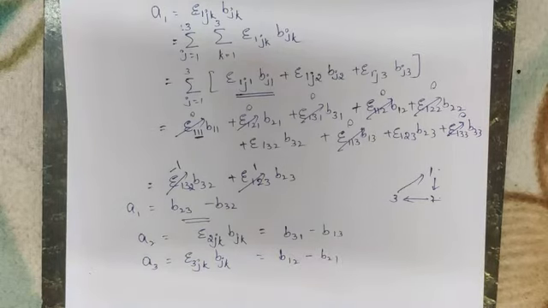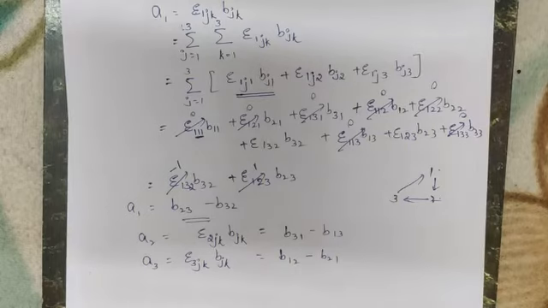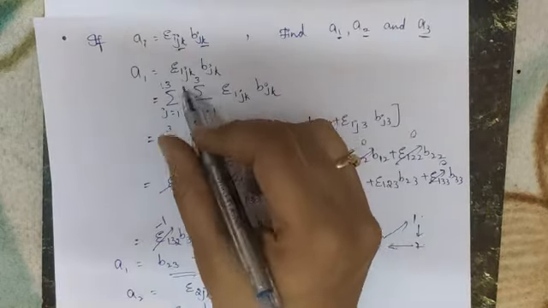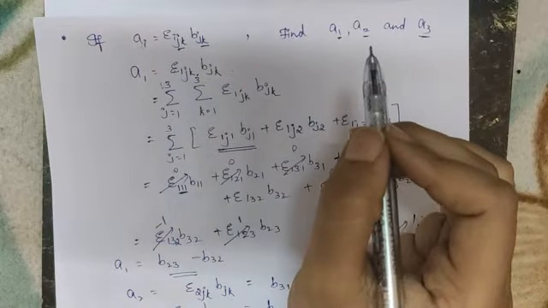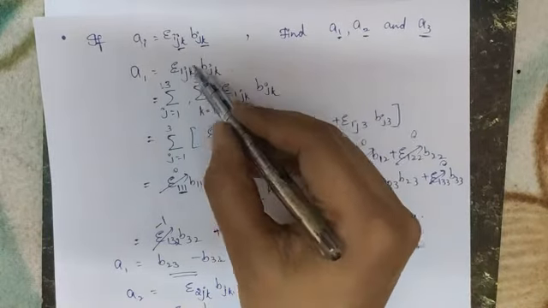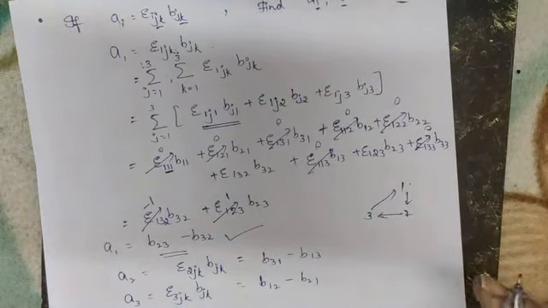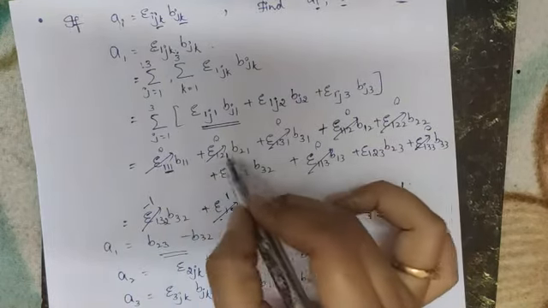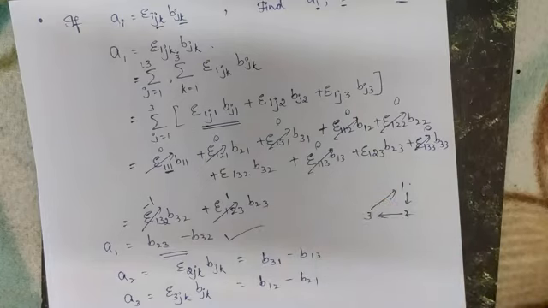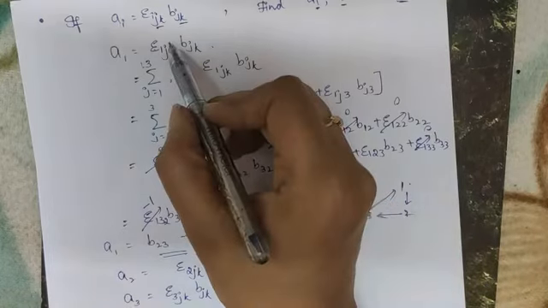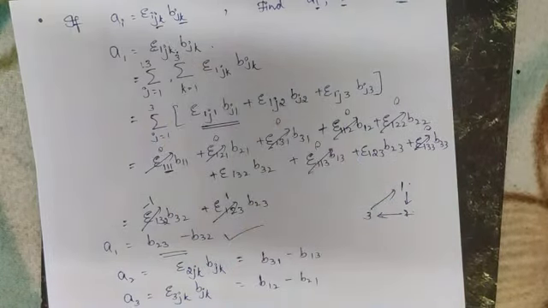So you should be very careful while considering the dummy suffixes, because we will take the summation over your dummy suffixes. If you neglect the dummy suffixes, you will not get the required result, and you cannot apply the definition of epsilon ijk if you don't understand the concept of dummy suffix and free suffix. Okay.